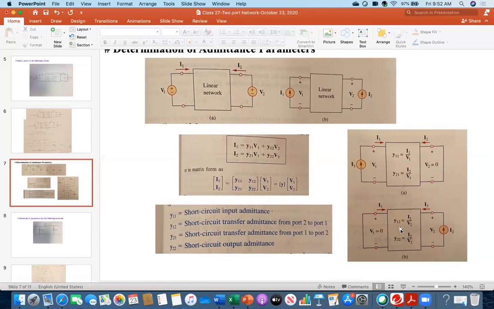And you write down Y12 is I1 over V2 and Y22 is I2 over V2, and you have to make the left side short. There will be I1 current, V1 is 0, but there will be I2 current, and V2 will be present. And then write down these two equations, I1 and I2. Those will help you to solve the problem.